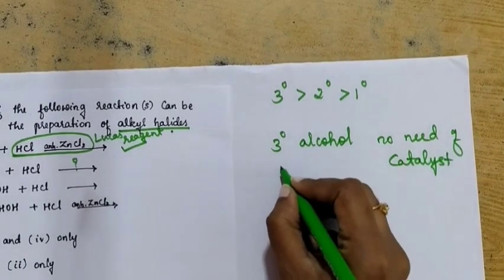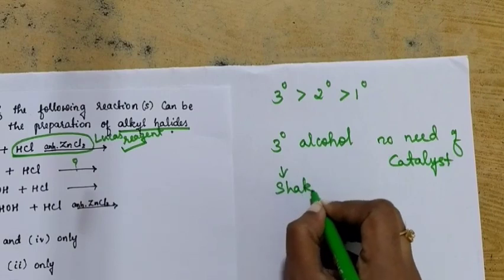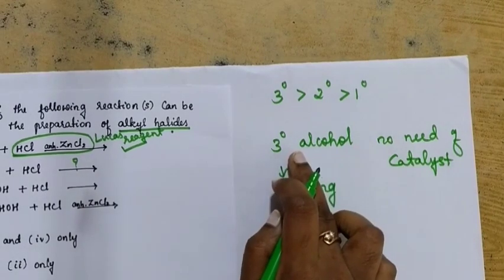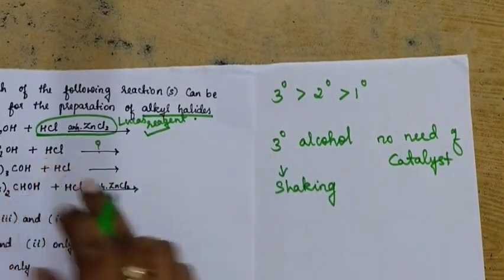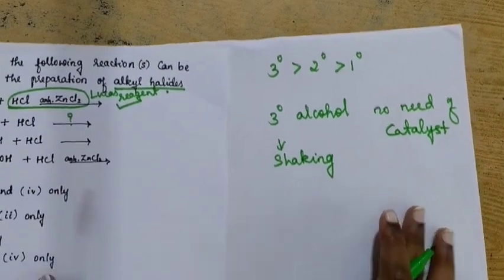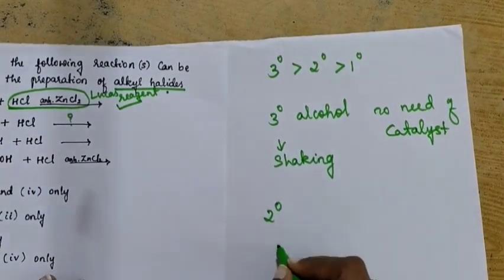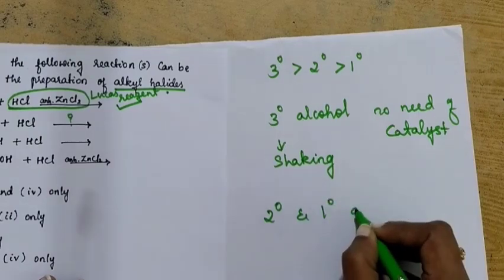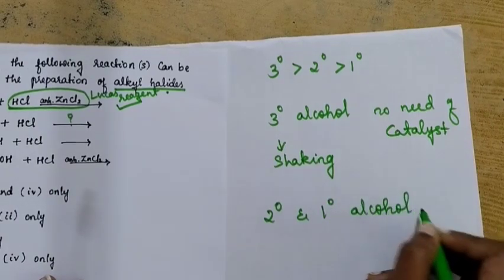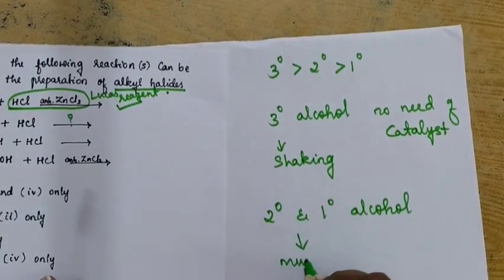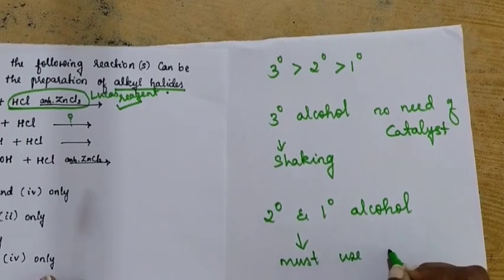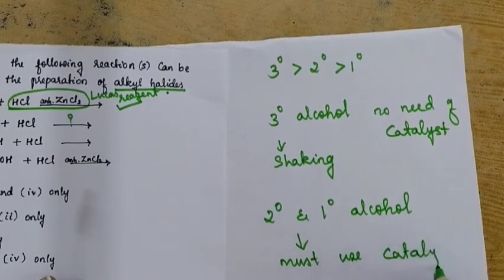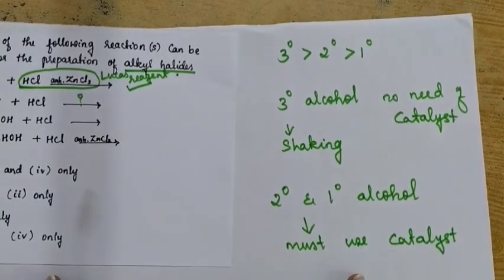Just by shaking tertiary alcohol with hydrogen chloride, you may get alkyl halide. But for secondary and primary alcohol, you must use catalyst. Catalyst in the sense anhydrous zinc chloride.